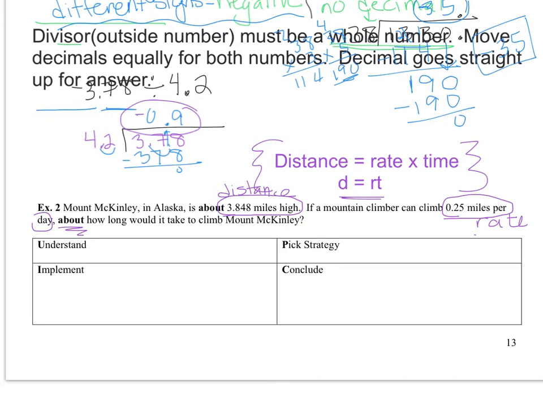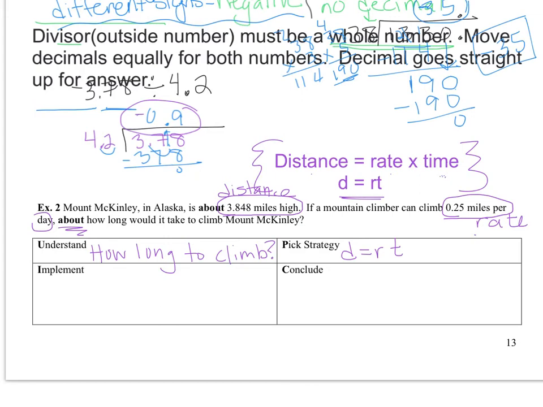So we have a D and we have an R. What we're missing is the time. So what are we trying to solve for? How long to climb Mount McKinley? Okay, so that's what I'm trying to find. My strategy, I'm going to use this DRT. I'm going to use a formula to help me.